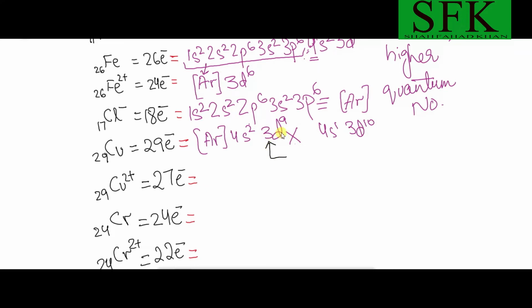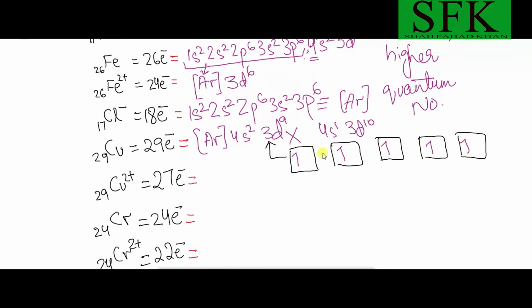the d subshell has 5 orbitals, right? 1, 2, 3, 4, 5. The 9 electrons once filled will look something like this. Okay, first they'll be filled singly and then they'll start pairing up.